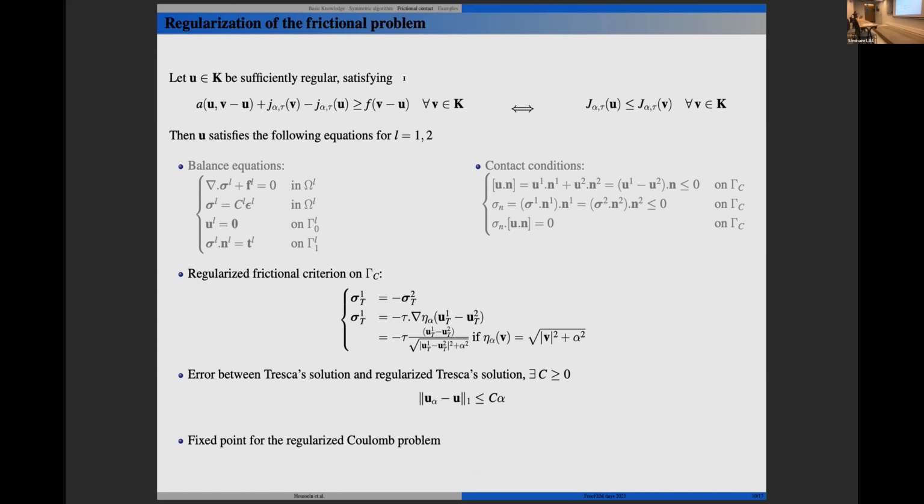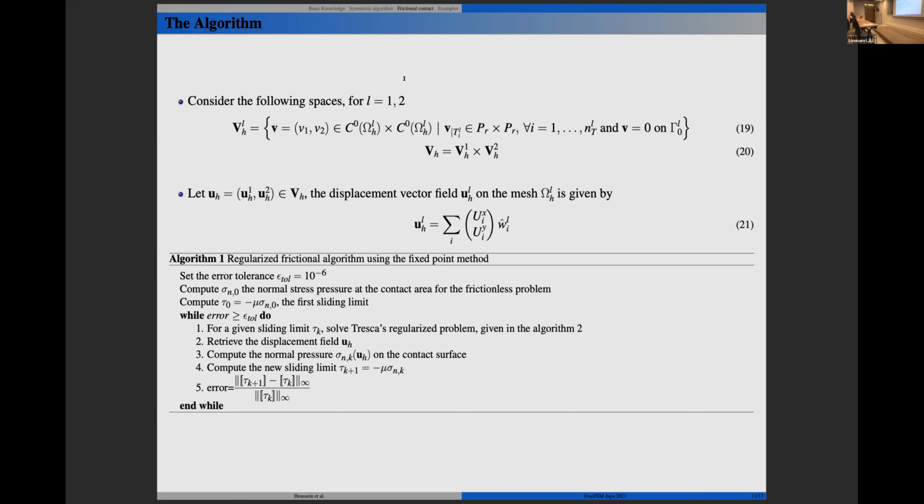And also, we can modify our developed method, where we didn't use friction. I will briefly describe the algorithm. We will take two meshes.